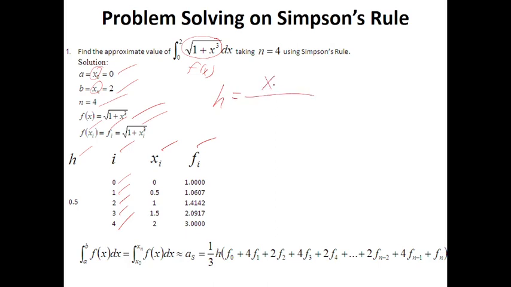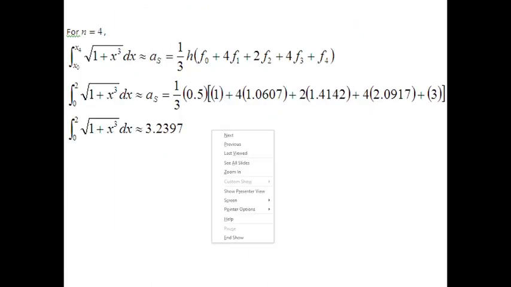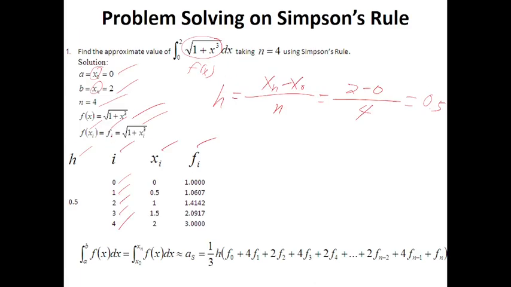That is x sub n minus x sub 0 all over n. So x sub n is 2, x sub 0 is 0, and n is 4. So 2 over 4 is 0.5.